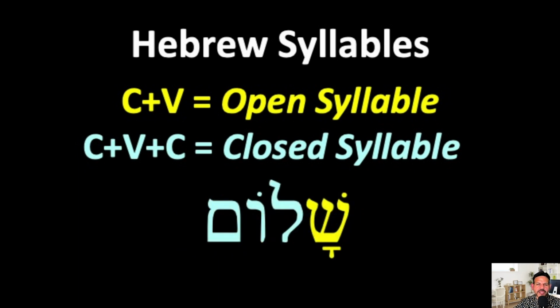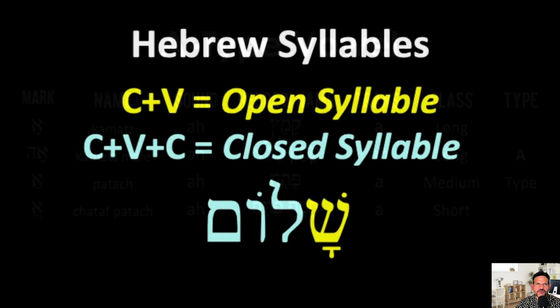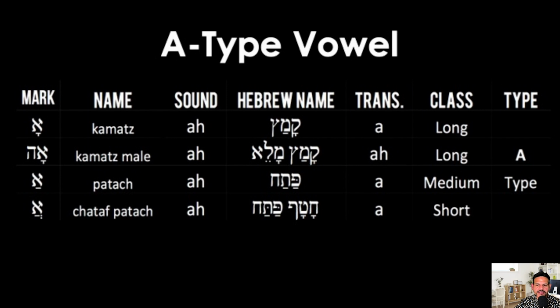So you look underneath the letter for the vowel, and you'll learn that kamatz belongs to a family of the A vowel pronounced A, kamatz, and we have kamatz malay for long.